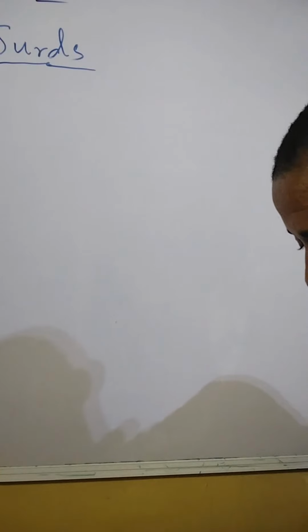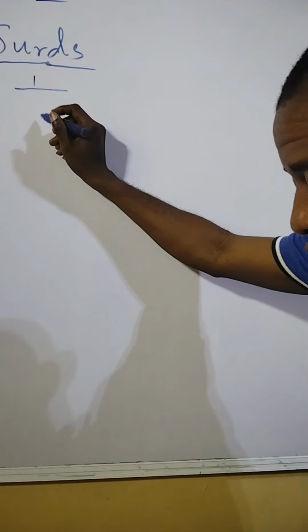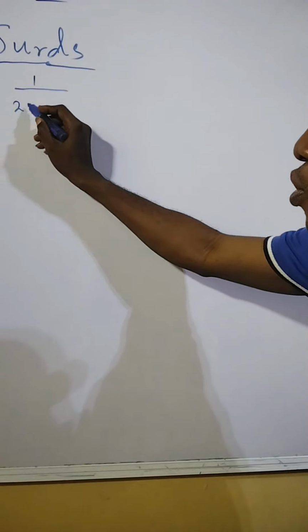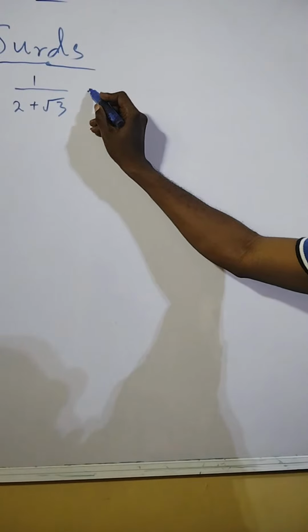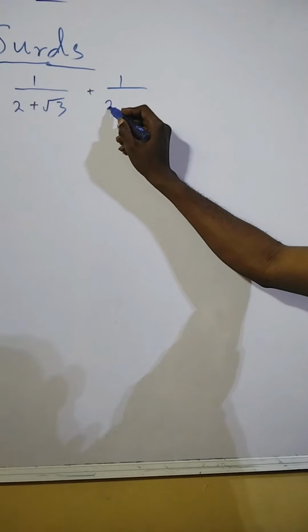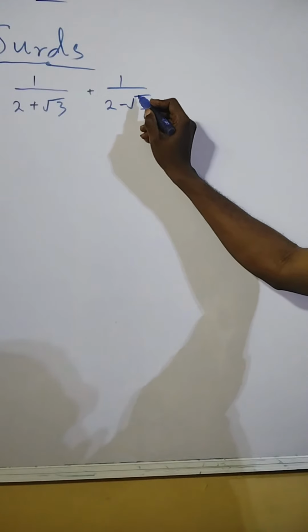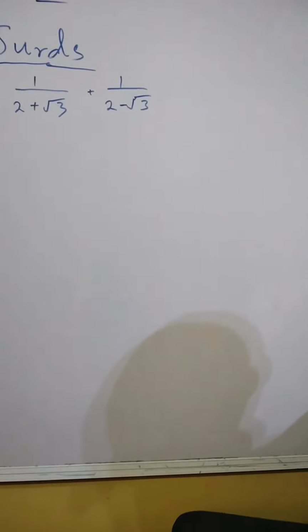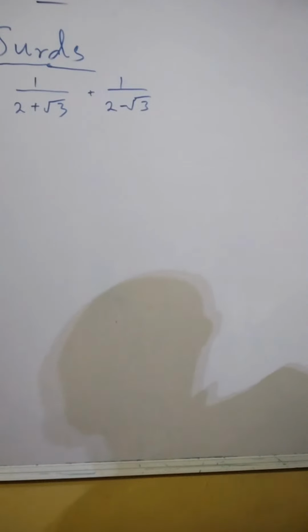We have 1 over 2 plus root 3 plus 1 over 2 minus root 3.